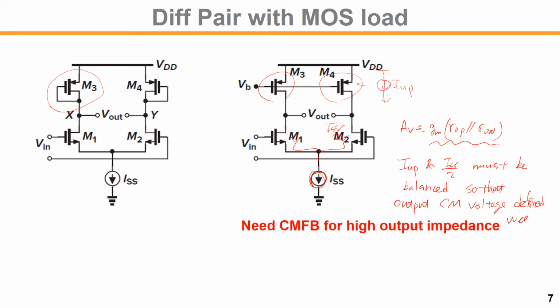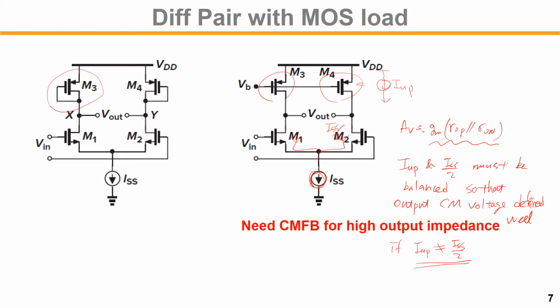But if Iup and ISS over 2 are not exactly the same, which is the typical case, we cannot guarantee the pull up current and pull down current exactly match.